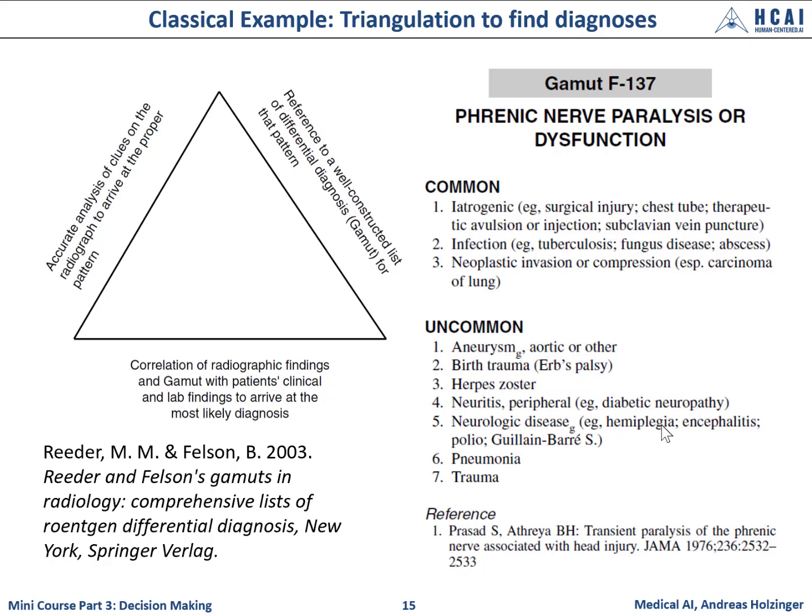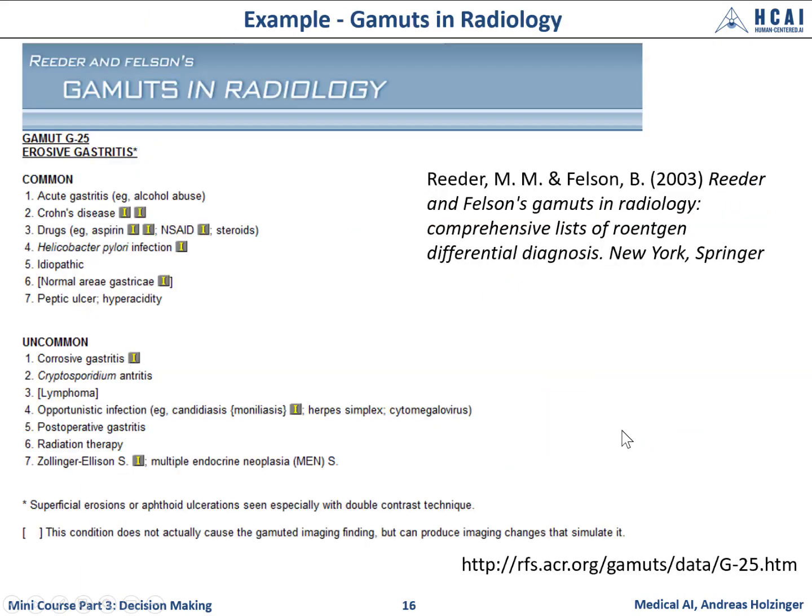So, for example, here you just state the most common and the most uncommon. You look at an image, for example a radiological image, and then you state the most common and the most uncommon diagnosis. We will look in more detail in the next slide. This is available online, so you can play around with that.